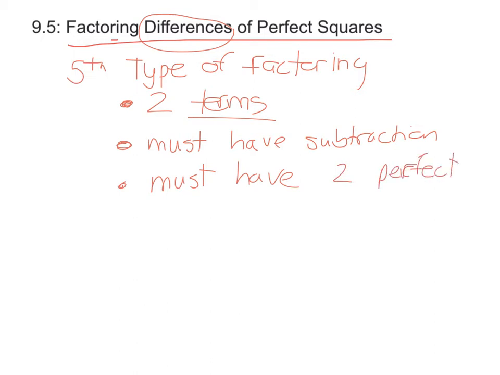So let's review really fast what you know about perfect squares already, because we studied it earlier in the year. And you will know something's a perfect square, like 9, if you can multiply a number times itself and get 9, then 9 is a perfect square.